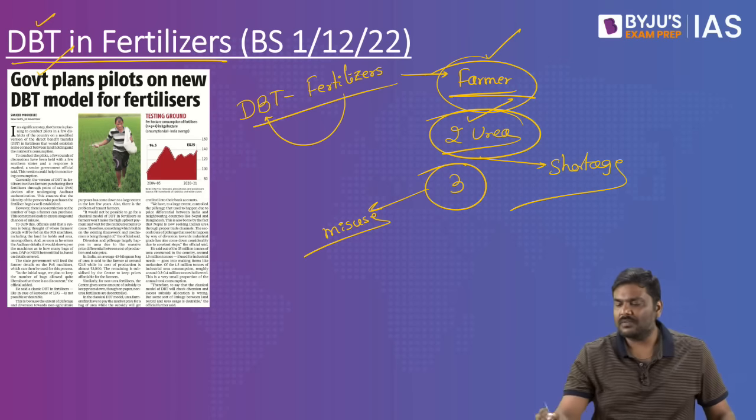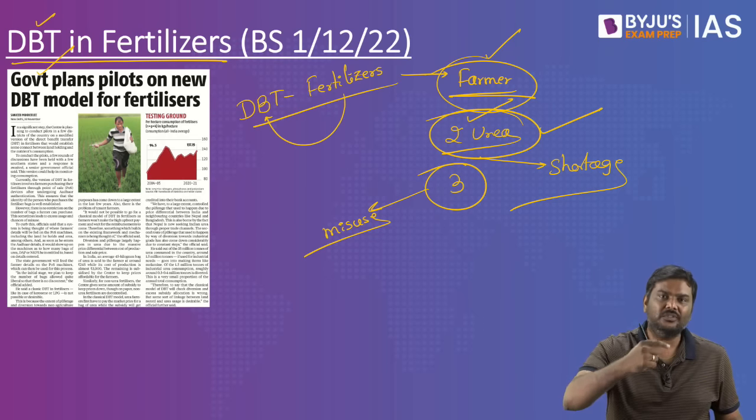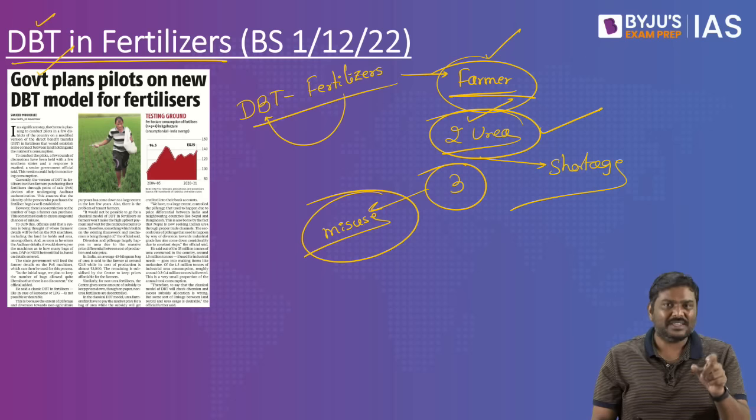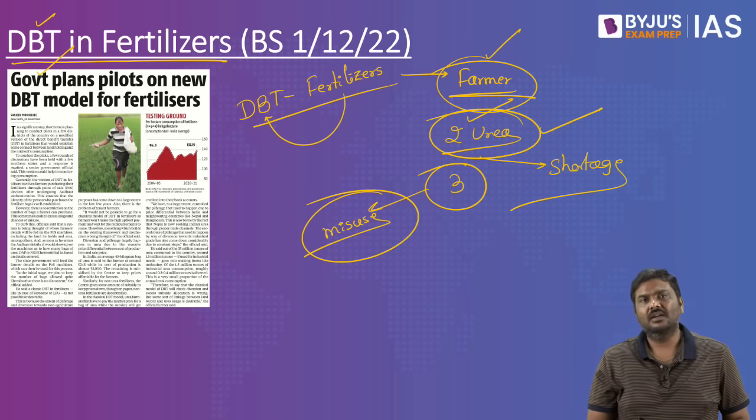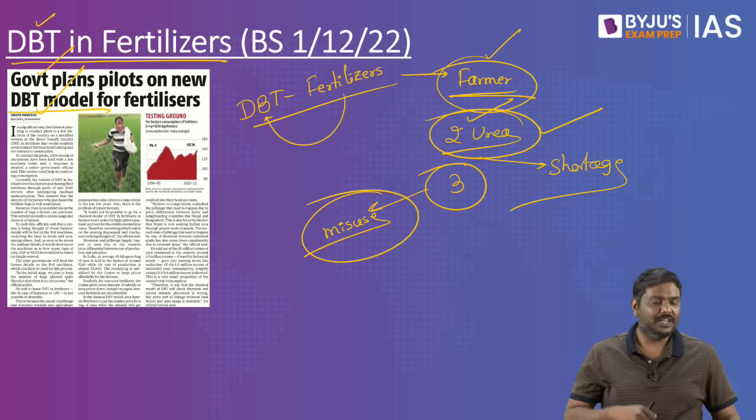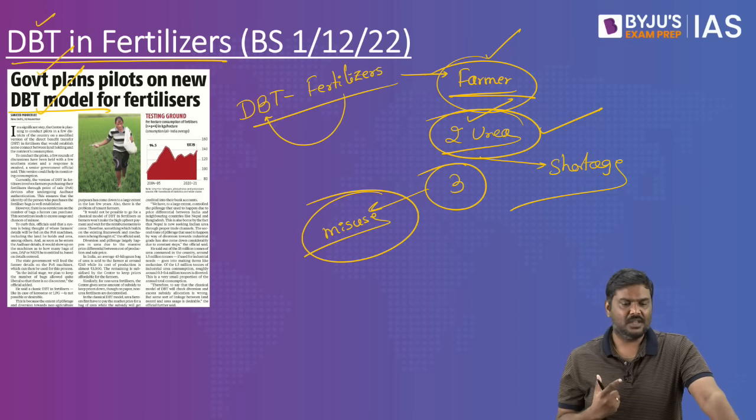Now the shopkeeper will be issuing only 2 bags of urea to the farmer. This will curb the misuse or misalignment between supply and demand. So that is what is being proposed by the Government of India under the new DBT model for fertilizers. Right, so this is the discussion regarding the DBT.